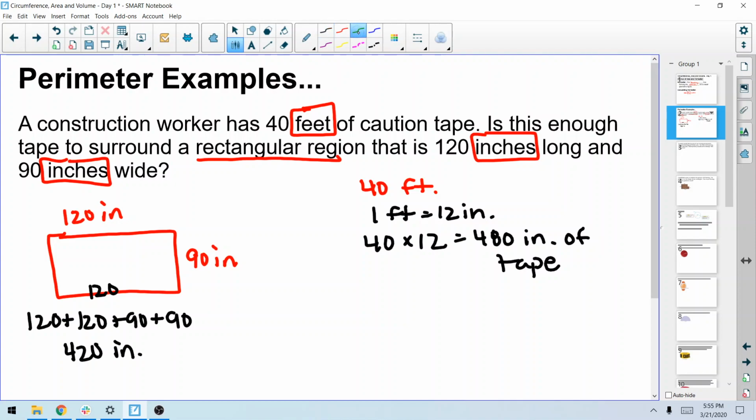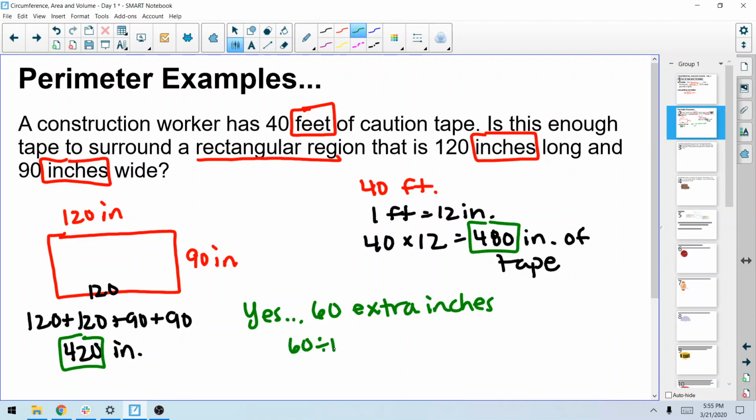We need 420 inches. We have 480. Is this enough? Yes. In fact, he has 60 extra inches of tape. If we want to consider that back in feet, we could divide 60 by 12, which gets us 5 feet of extra tape.